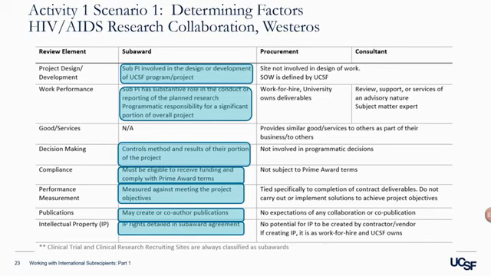Joe, anyone? Yeah, I was just going to say, I did adapt this from an actual scenario that we received, where when we got the first iteration of the sub request, it really looked like they were just a CRO and that they were just helping manage the study. But it turned out they actually held the IND. It was actually their study that they were running, but that wasn't clearly outlined in the scope of work.